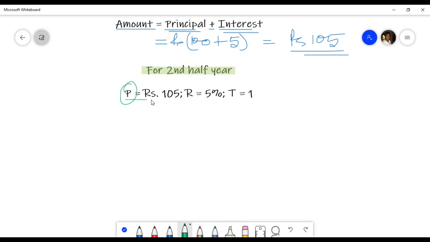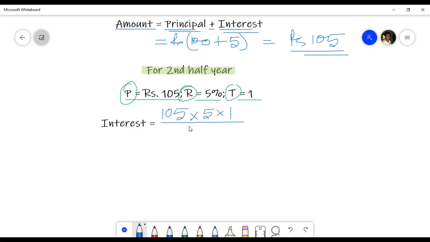Now you know that the principal of the present time will be the amount of the previous half year. So principal is rupees 105, rate is 5%, and time, this is second half year, so 1/2.